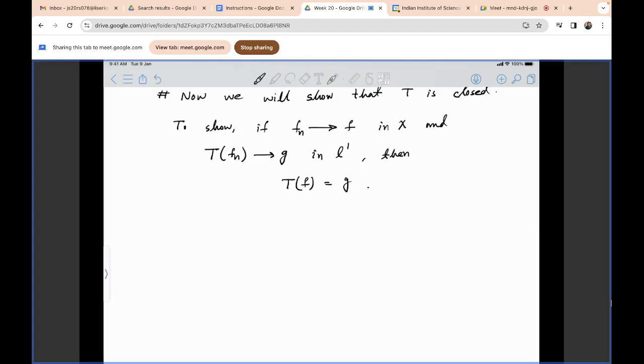Okay. So first note that convergence in X implies pointwise convergence. Why?